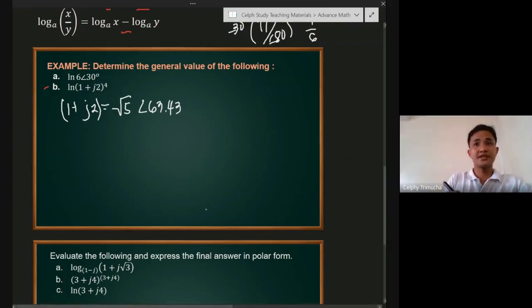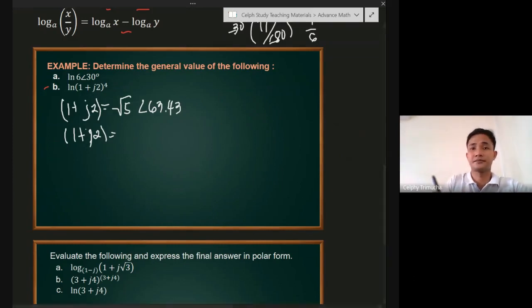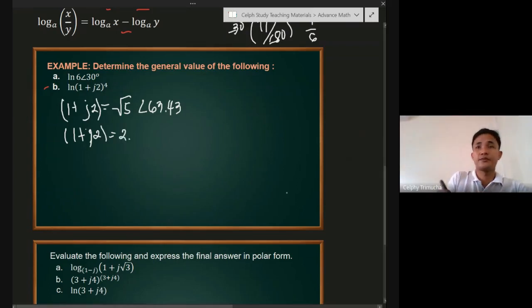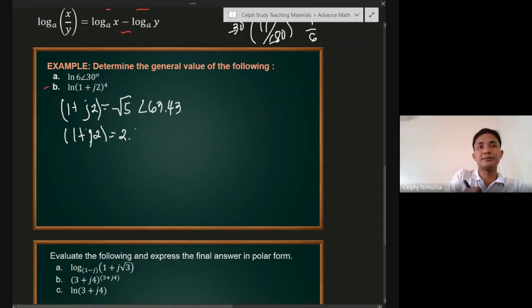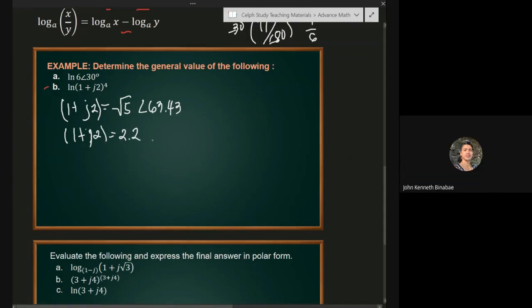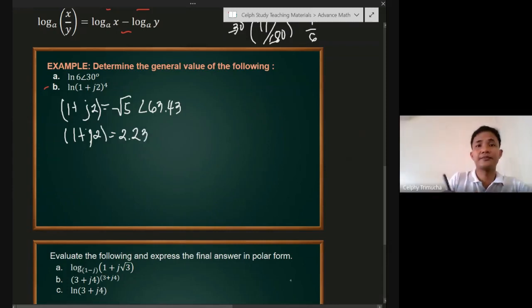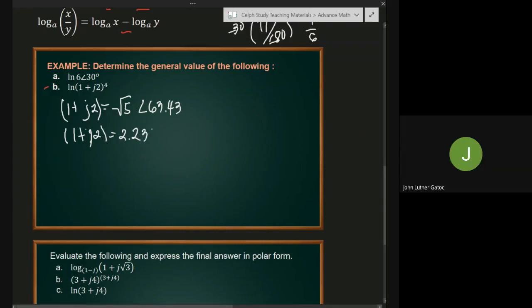Okay, so let's proceed. So we have expressed na siya into its exponential form. So we will have 1 plus j2 will be equal to, so pila na yung kung i-decimal nato ang square root of 5? 2.236.